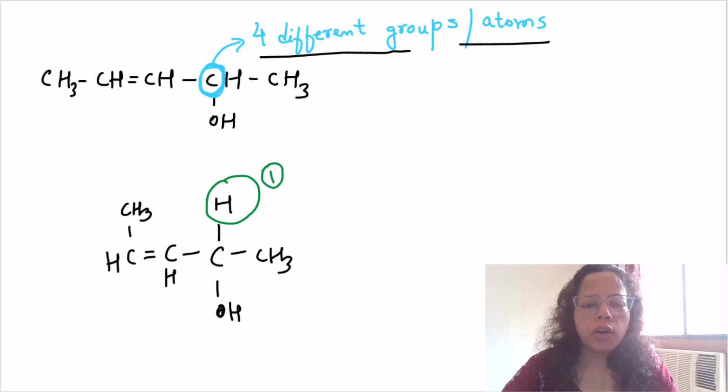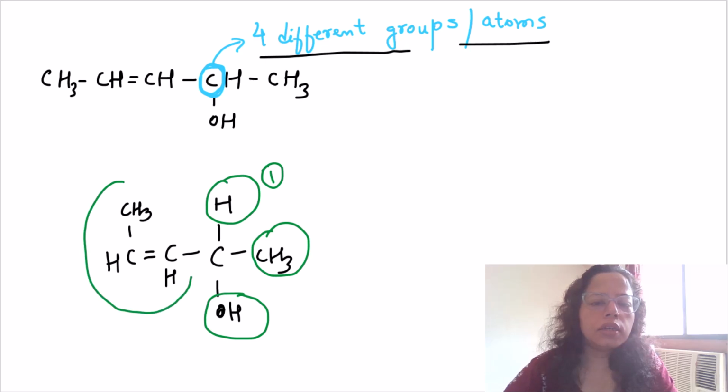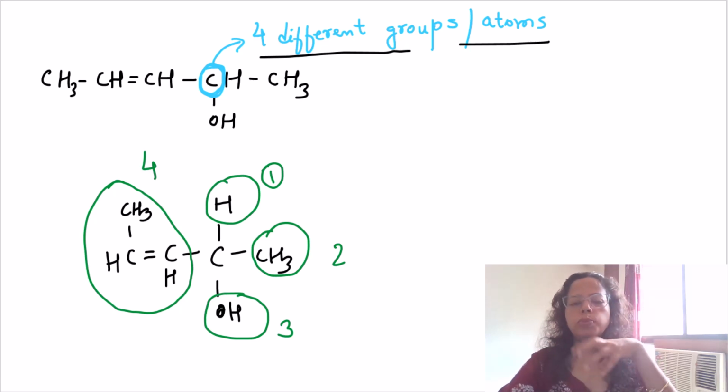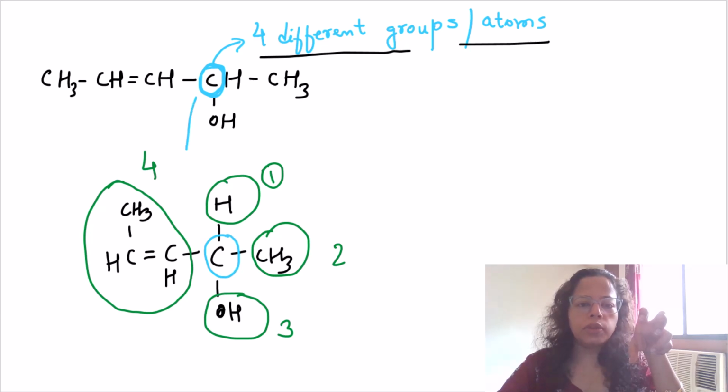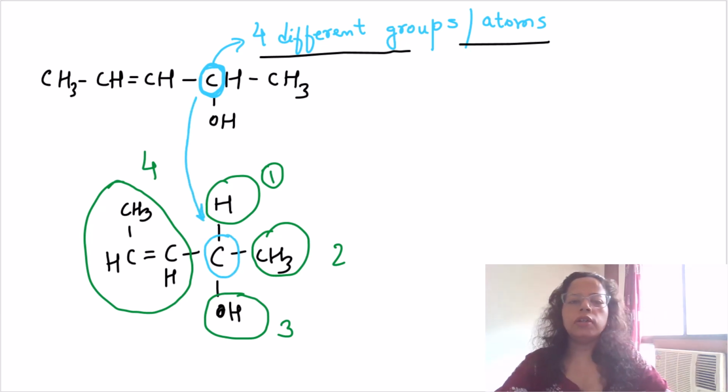This is one group or atom, this is one group, this is one, and this is another. So we have 1, 2, 3, 4 different types of groups bonded to this particular carbon, that same carbon. So what kind of a center is this?